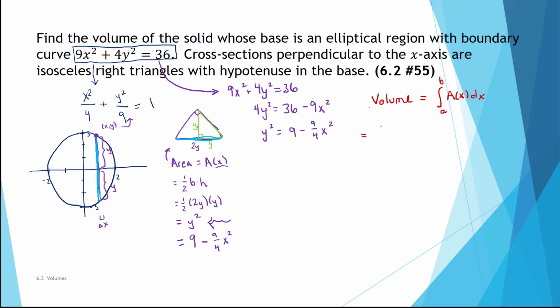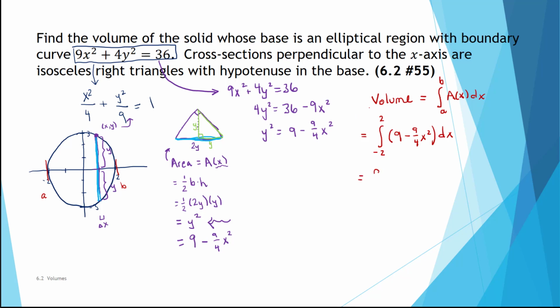So for our problem, we figured out A of x is 9 minus 9/4 x squared dx. And for the bounds a and b, that's the far left end and the far right end. So a is -2 and b is 2. So we integrate from -2 to 2 the quantity 9 minus 9/4 x squared.